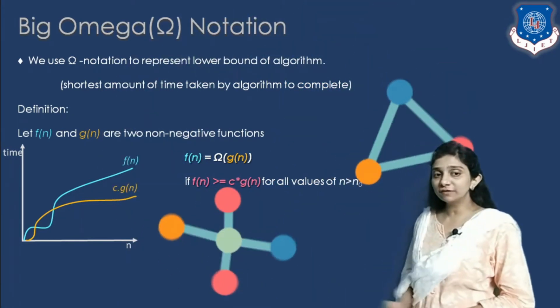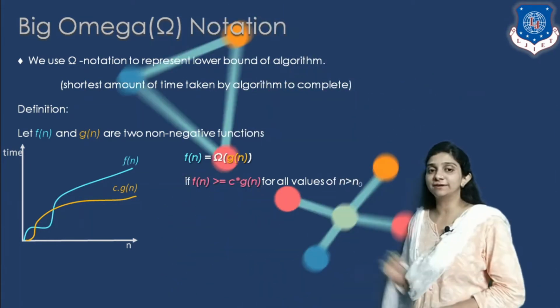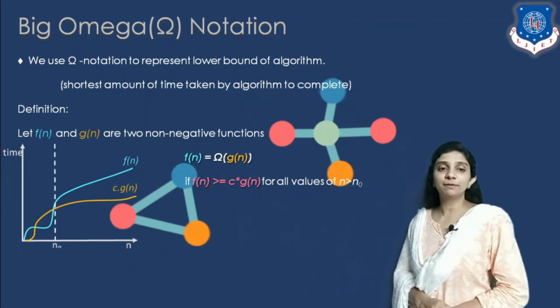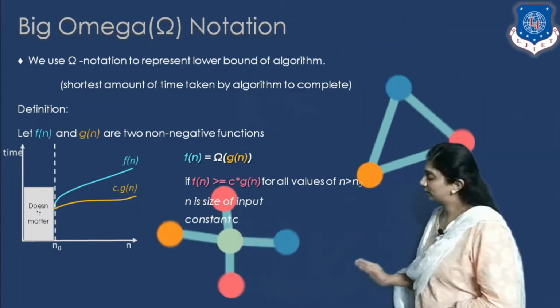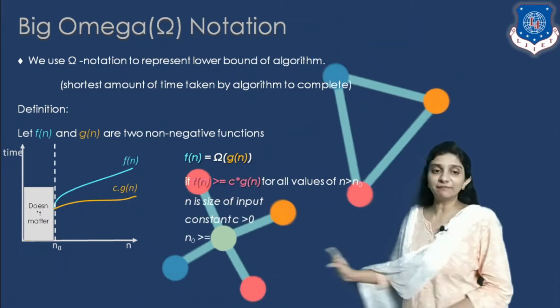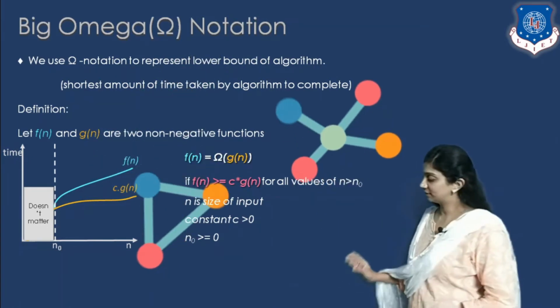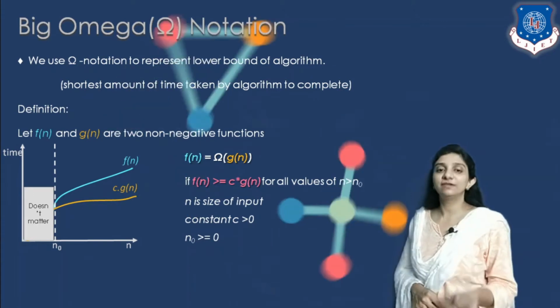But after some point, my f of n is always greater than or equal to c into g of n. That particular input point is called n naught. What the variations are towards the left of that point doesn't matter. It only matters that for larger input sizes, f of n is greater than c g of n.